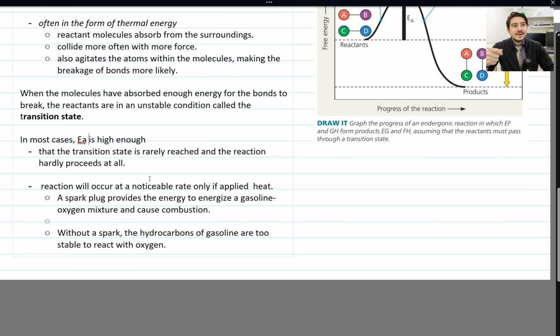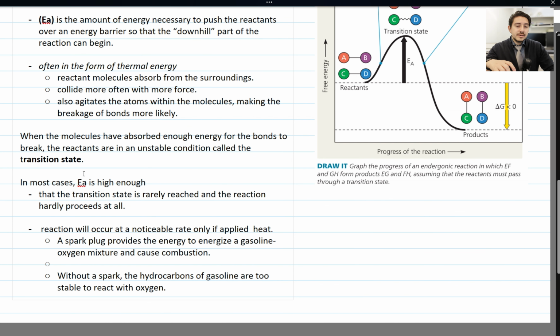Because imagine if everything would reach easily the energy of activation, chemical reactions would be occurring all the time, constantly around us. So you want to have a certain threshold to keep in check chemical reactions.